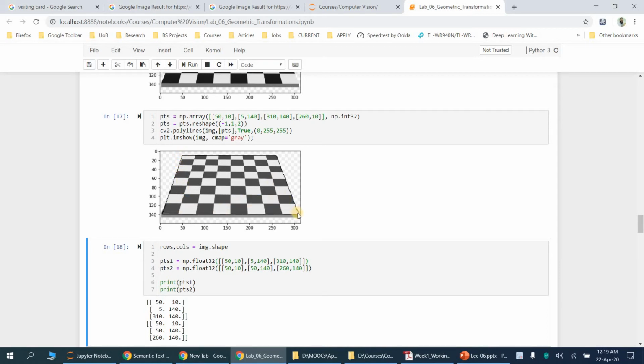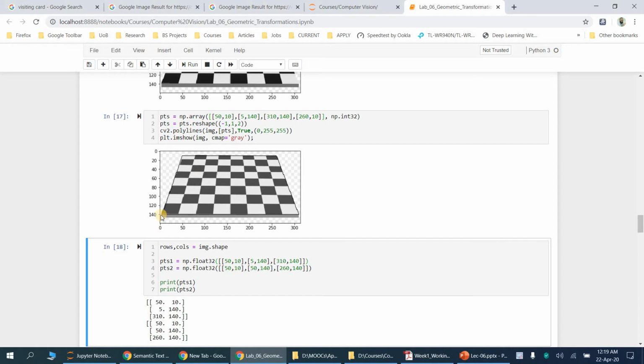I would like these 2 points that are below to move inside the image so that it becomes more like a square. You see, now it is not a square, sorry, not a rectangle. It's a modified shape. So I want to make it a perfect rectangle. Only then it will look proper.